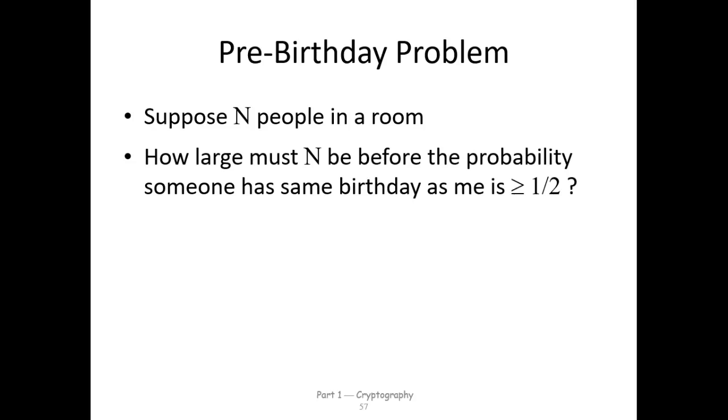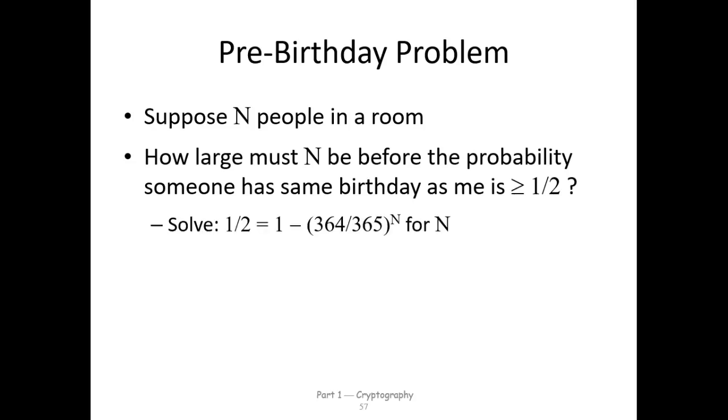If that is not satisfied, then we have to increase to 11, 12, 13, 14. That is the question: how large must n be before the probability that someone has the same birthday as me is more than half, that is, 1 by 2.